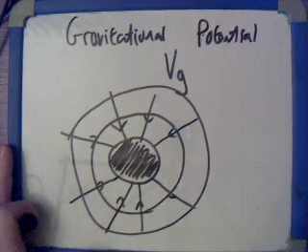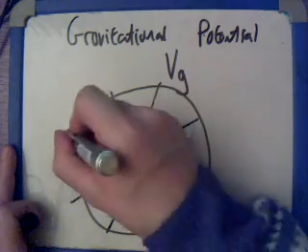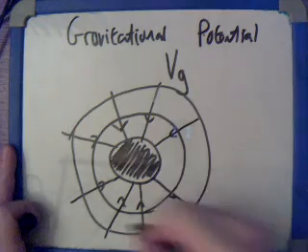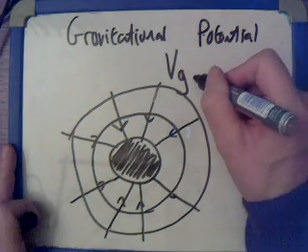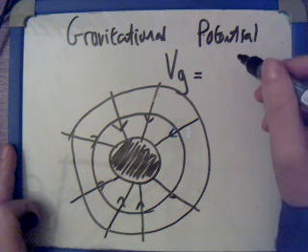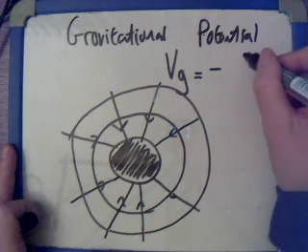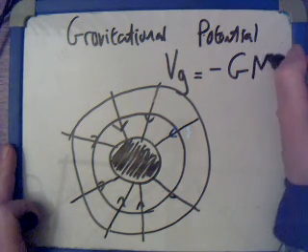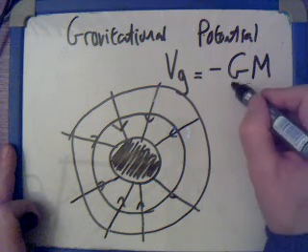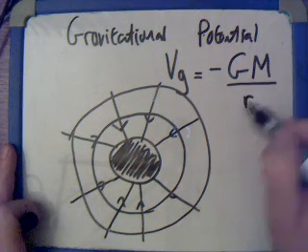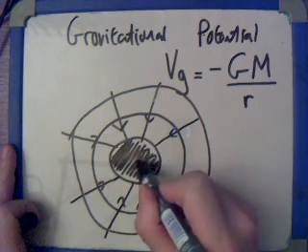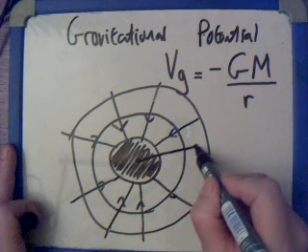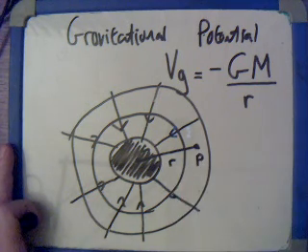Now, they actually get negative values. I'll explain that in a bit. So these are the equipotential lines around it, and the formula for the gravitational potential is equal to minus G times the mass of the planet, which I call big M, divided by r, where r is the distance of a point P from the centre of the planet.